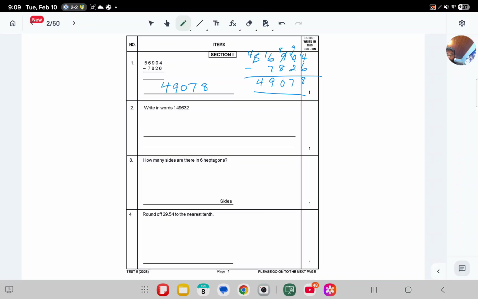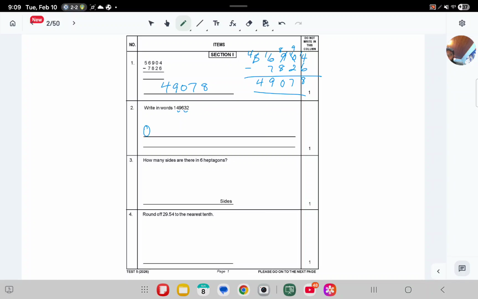Alright. Number 2, write in words. We have hundreds of thousands, tens of thousands, thousand, hundred, tens, and ones. So when reading the numbers, we read the tens of thousands and the thousand as 1, and we read the tens and ones as 1.